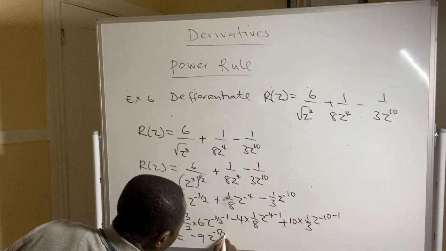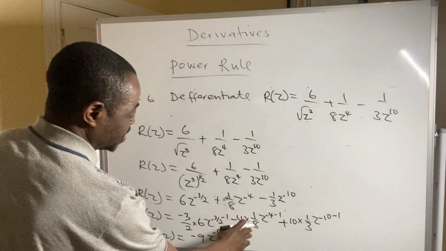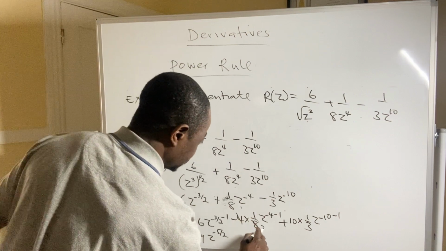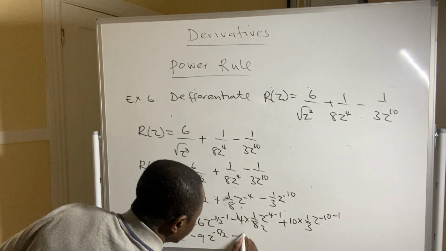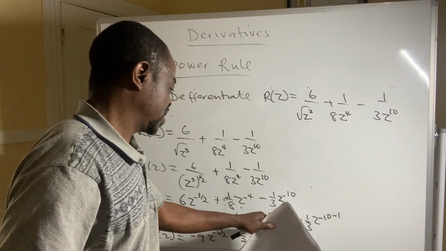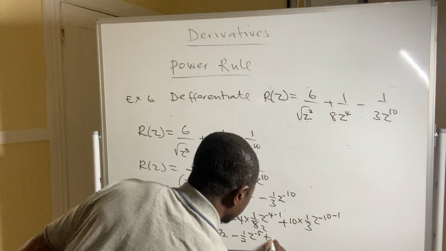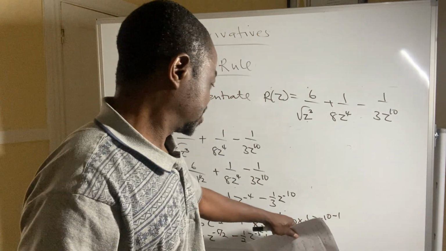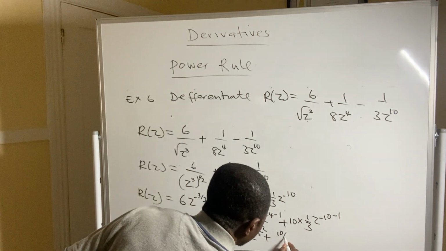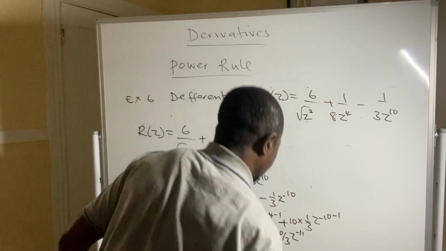Then minus 4 times 1 over 8. If this is 1 here, and then here 2, so you get a negative 1 over 2. z to the power minus 4 minus 1 gives us what? Minus 5. And then this is plus 10 times 1 over 3, which gives us 10 over 3. And then z raised to the power minus 11.